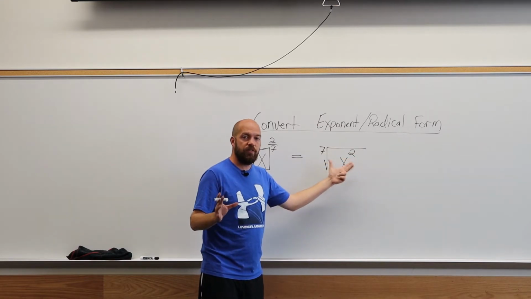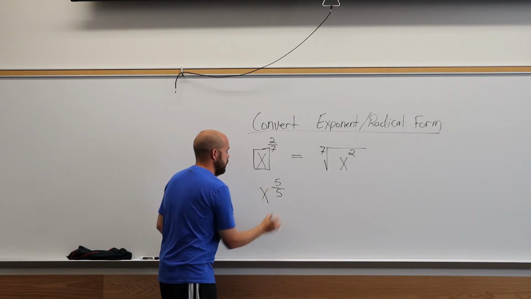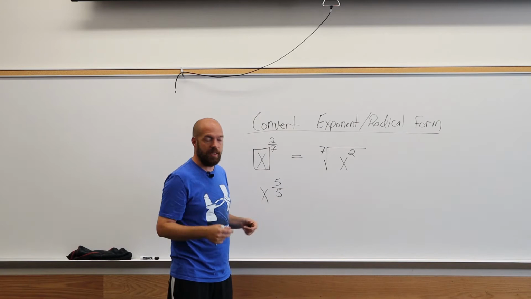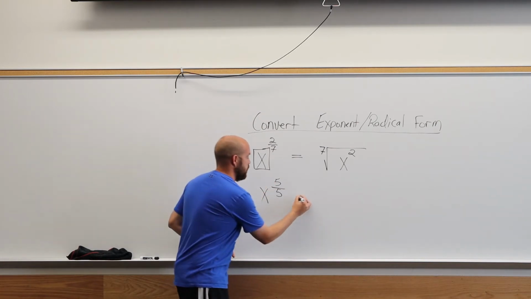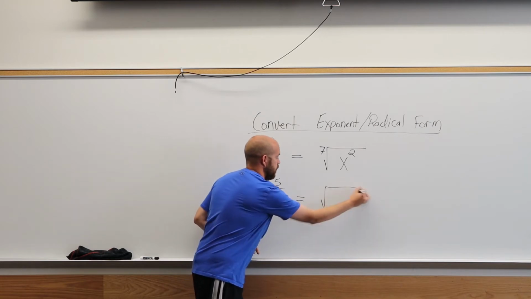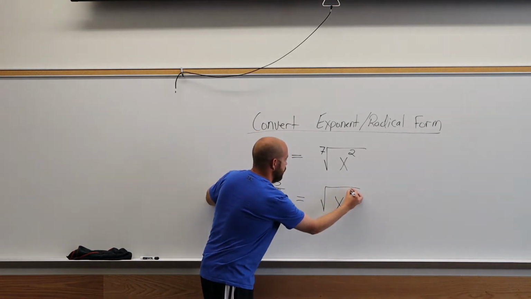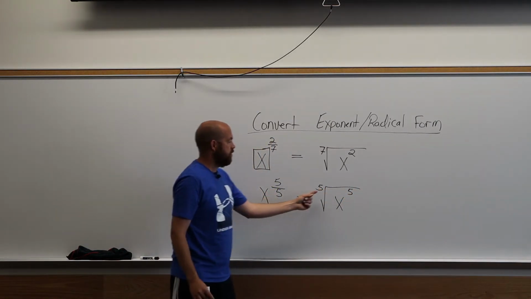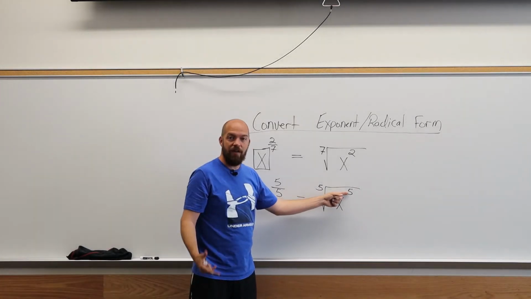If I showed you the full example, if I had x to the 5th power, so 5 divided by 5 is just 1. They basically cancel each other, but I want to show you why. If I write this in radical form, I have x to the 5th, and the denominator is also a 5. So it would take 5 tokens to get out of jail, and guess what? We have 5 tokens.